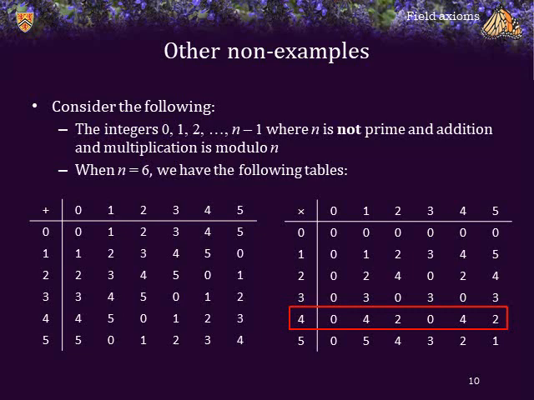That is, 4 does not have a multiplicative inverse. You will also notice that 4 multiplied by 3 is 0. So 4 times a non-zero number is equal to 0. So consequently, the value n must be prime for this to be a field.